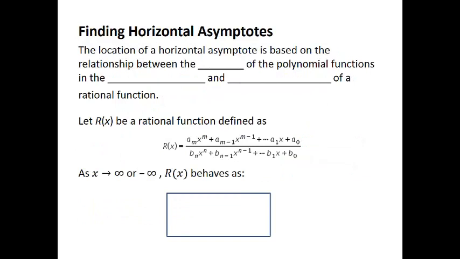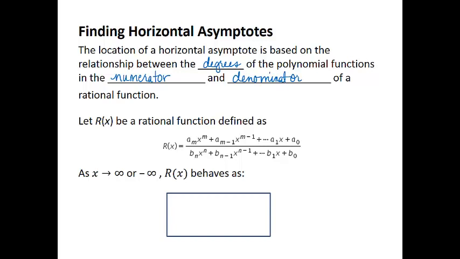The location of a horizontal asymptote is based on the relationship between the degrees of the polynomial functions in the numerator and denominator of a rational function.